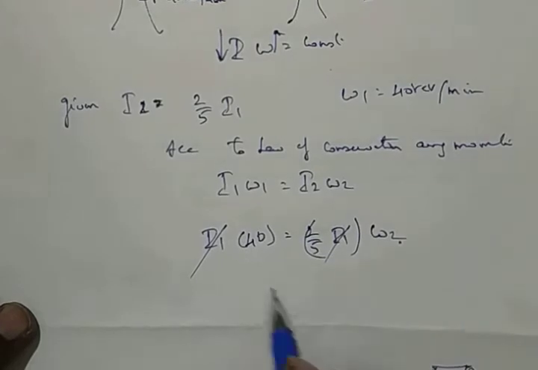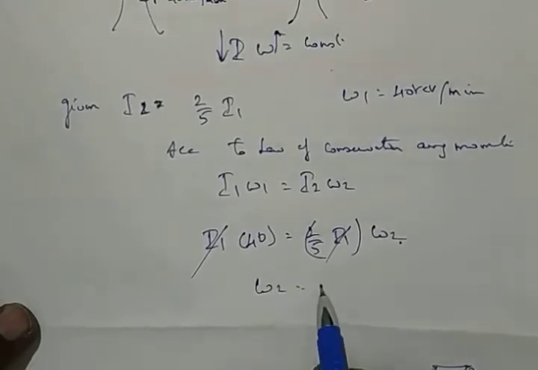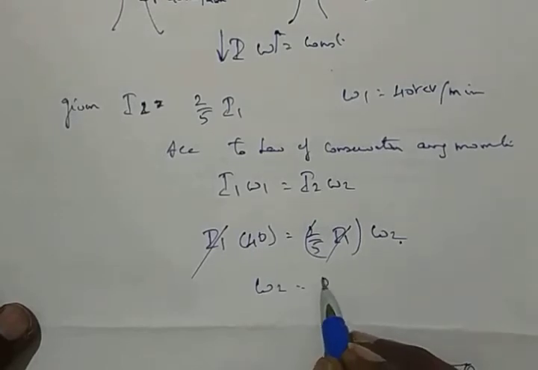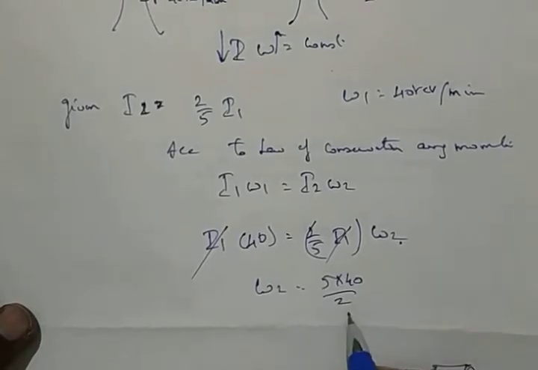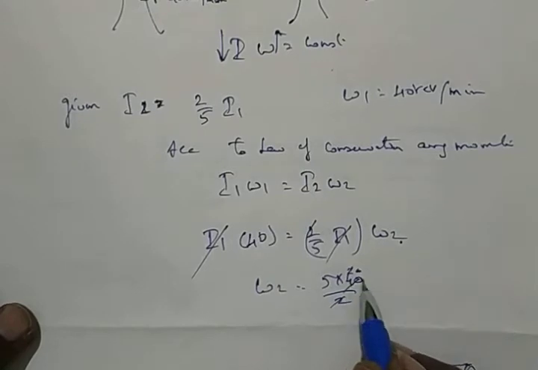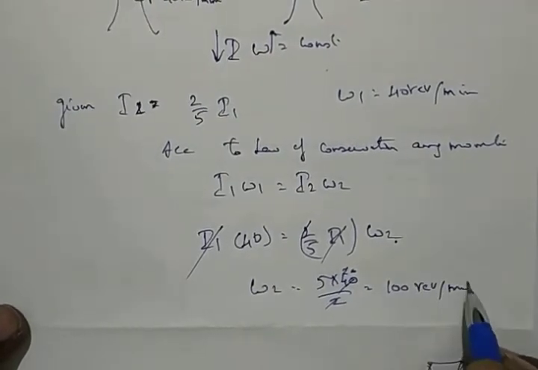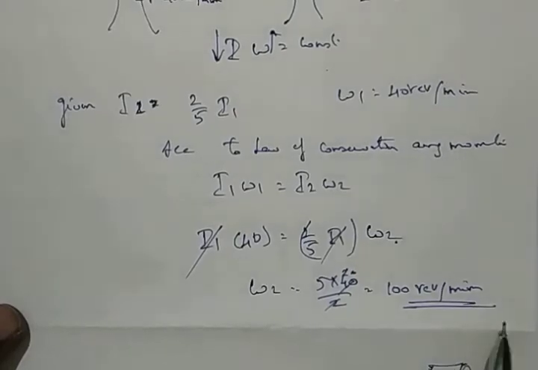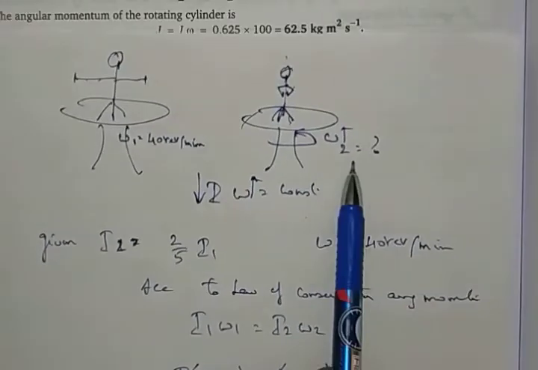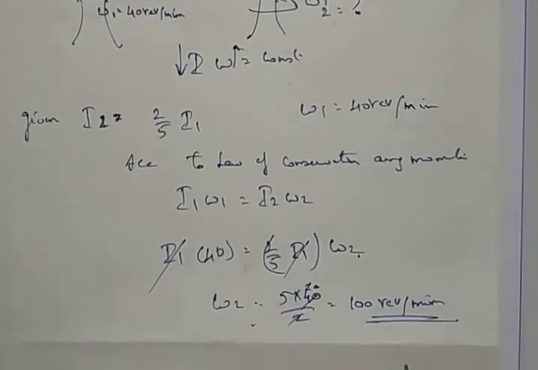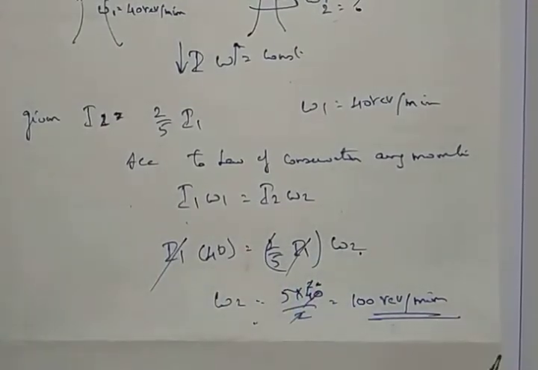What is omega 2? Omega 2 is going to be equal to 5 into 40 upon 2, so it's going to be equal to 100 revolutions per minute. Definitely it's going to be a higher speed. Omega 2 is equal to 100. That's what the equation says. It's a very simple question, nothing much in it.